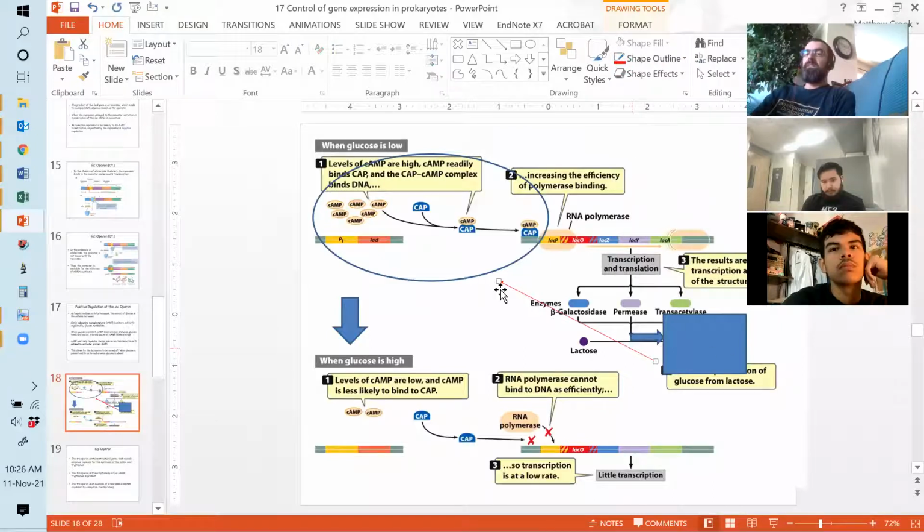Okay. So this is the feedback mechanism, essentially. If we're making this stuff and we still don't have much glucose, then we need to keep making more proteins to turn lactose into glucose.